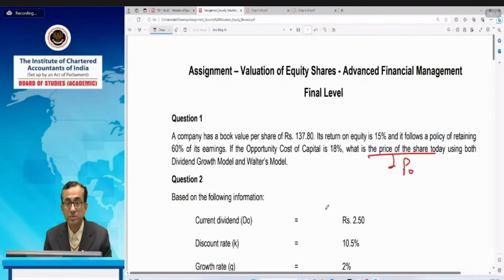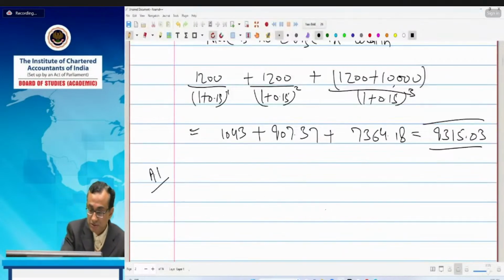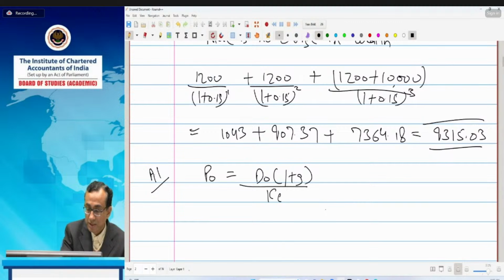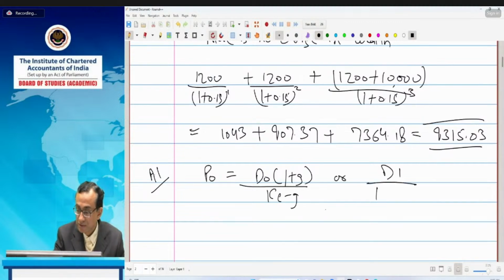So the D1 upon KE minus G formula will be used. P0 is equal to D0 into 1 plus G upon KE minus G, or it is also written as D1 upon KE minus G.